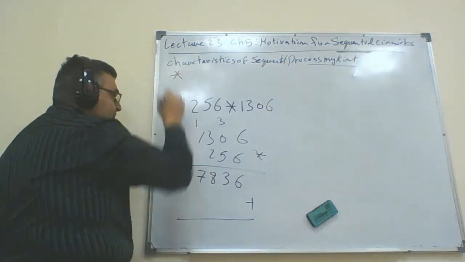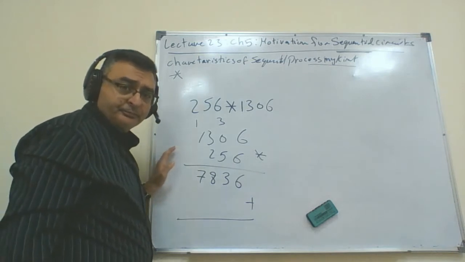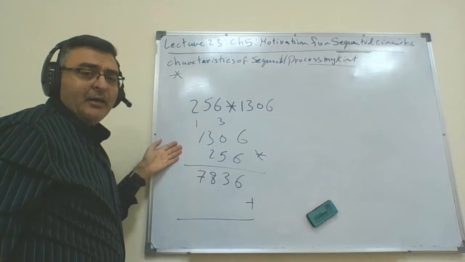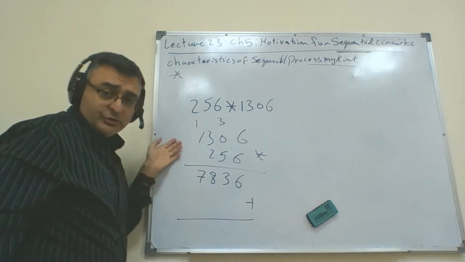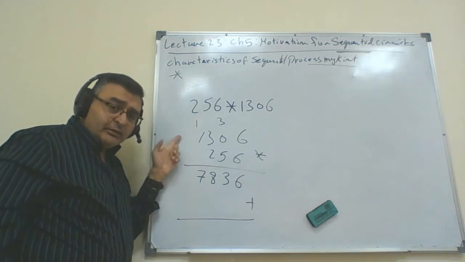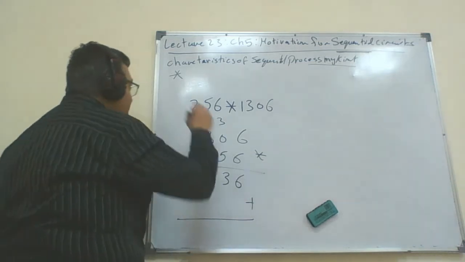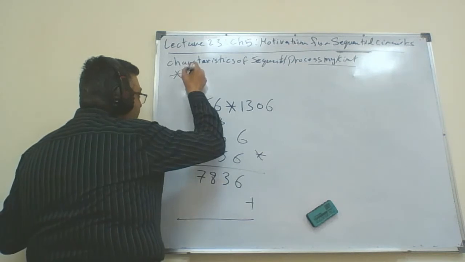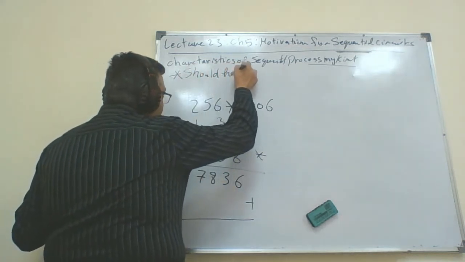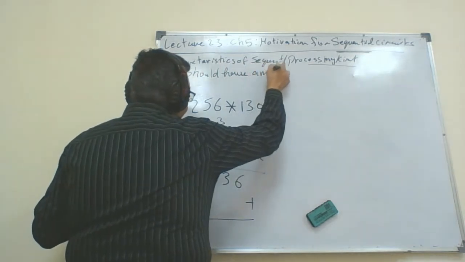The first characteristic is that I need to have a memory. I want something to store the numbers that I have. The system should have a memory.